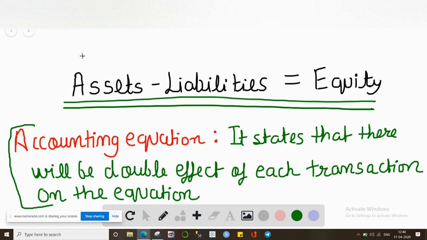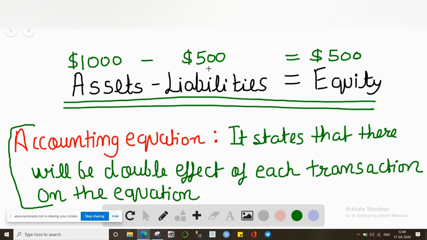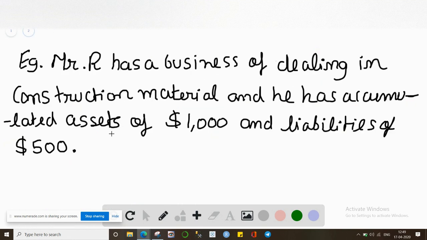That is, $1,000 assets minus $500 liabilities will be equal to $500 of equity. So based on that we can derive the amount of equity that is attributable to Mr. R out of his business.